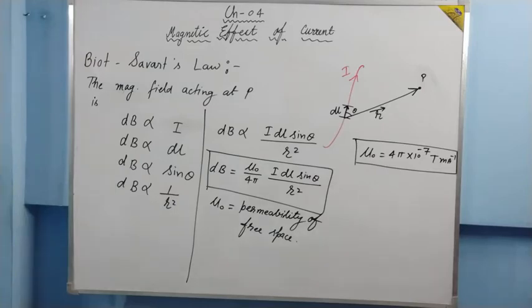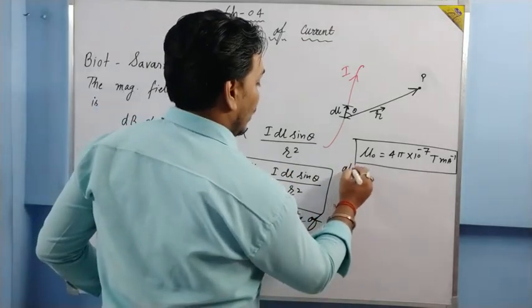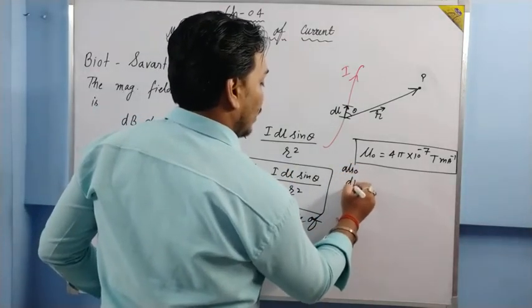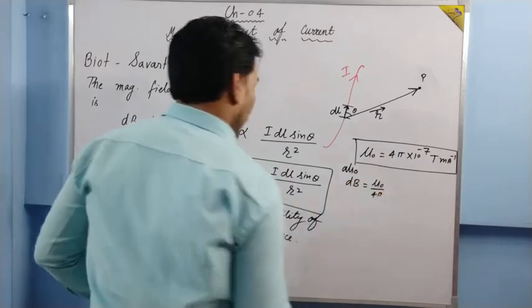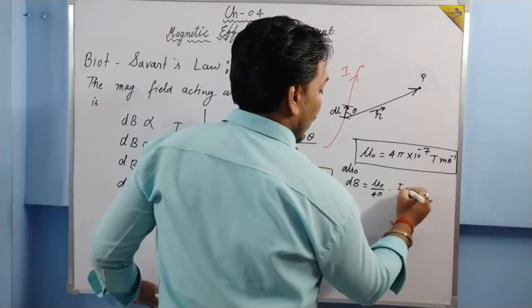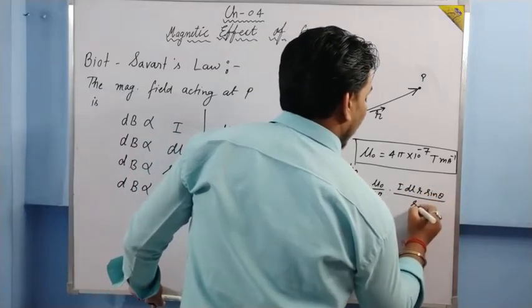But the Biot-Savart law can also be represented in terms of vectors. How can it be? If we multiply by r in the numerator and denominator, we get dB equal to mu naught upon 4 pi into I dl r sin theta upon r cube.